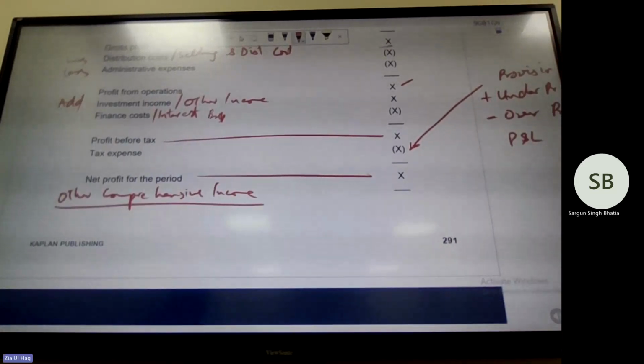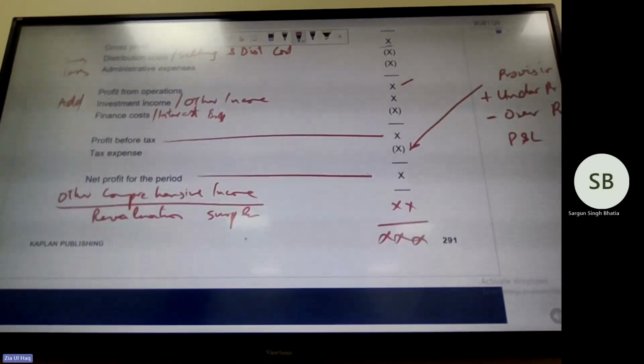If there is any other comprehensive income, like any revaluation surplus during the year, we will record it here, then tally and call it total comprehensive income.